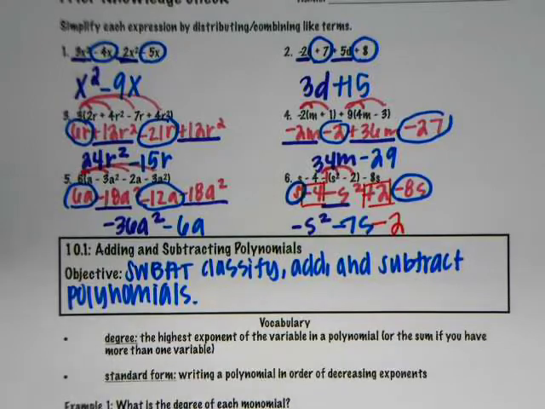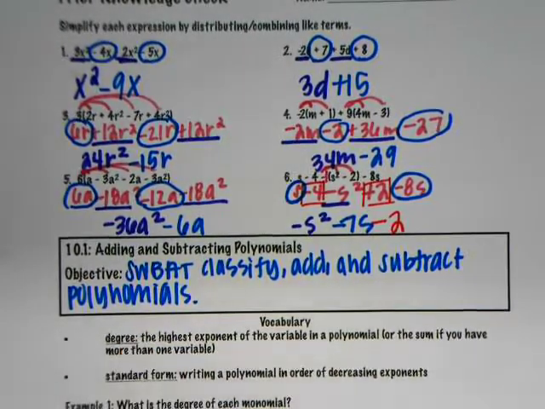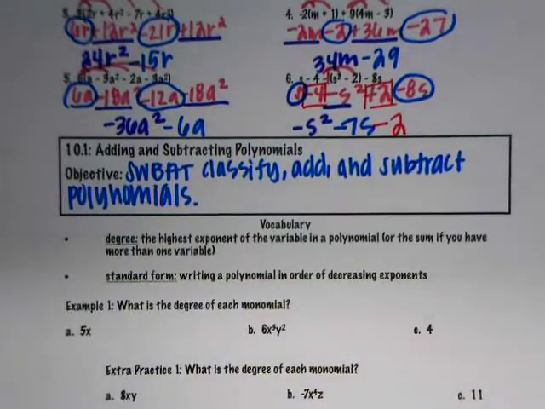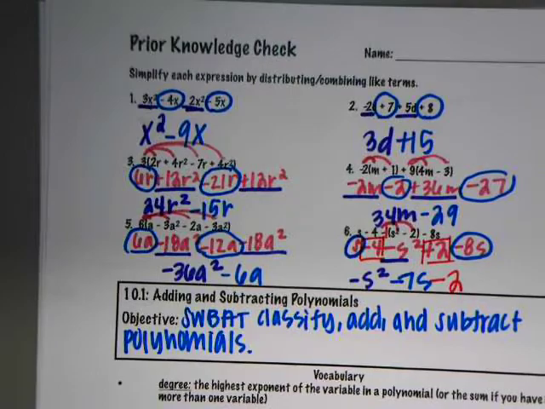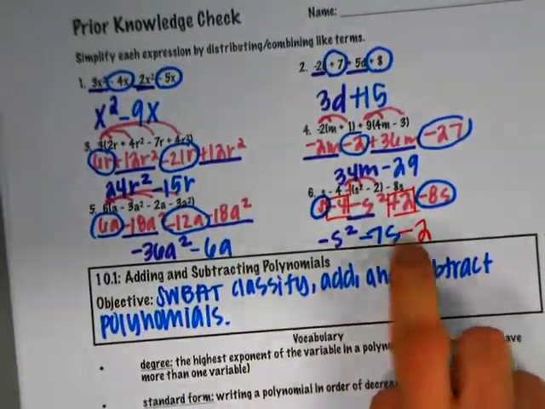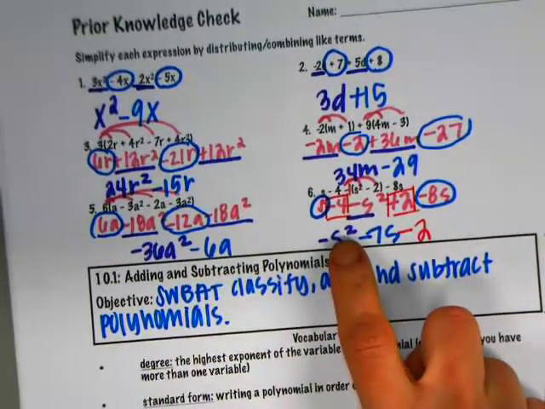Okay, so the degree you're going to be asked for quite a bit. So the degree of a polynomial is whatever the highest exponent of that polynomial is. So on our answer to this last one, this would have a degree of 2 because the highest exponent is 2. Does that make sense?